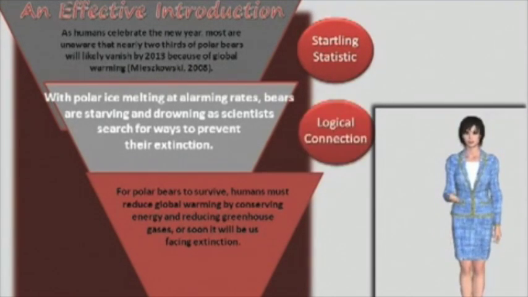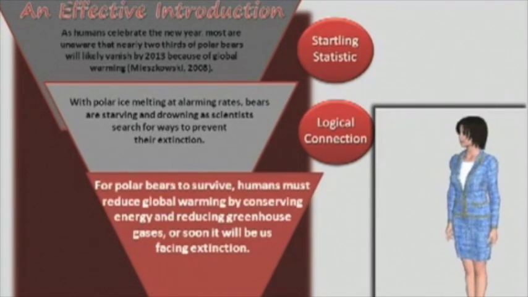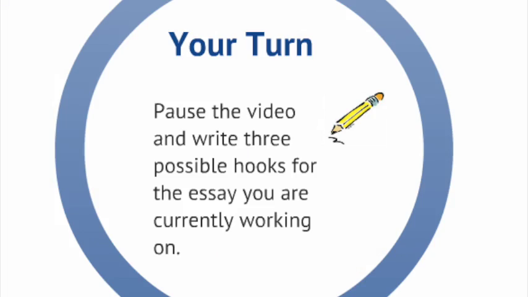This sentence provides a logical connection or bridge between the opening and the all-important thesis, which is to come. And finally, for polar bears to survive, humans must reduce global warming by conserving energy and reducing greenhouse gases, or soon it will be us facing extinction. Here is the thesis, which states a clear point of view that will be developed in the body.